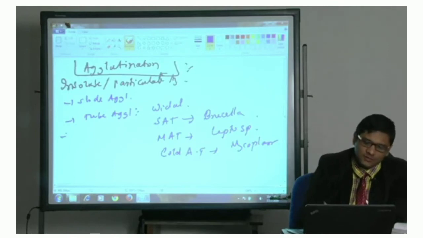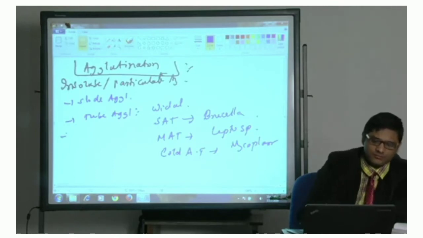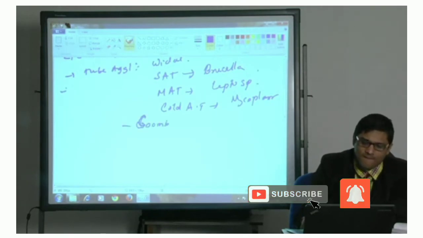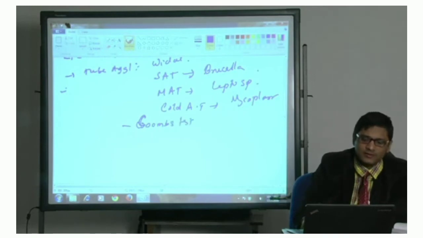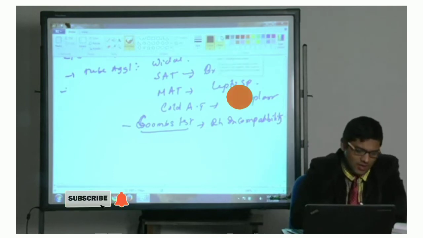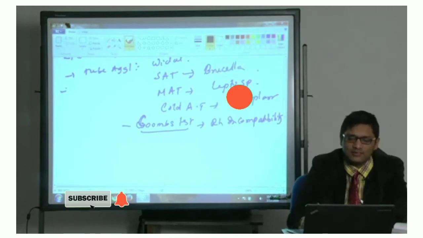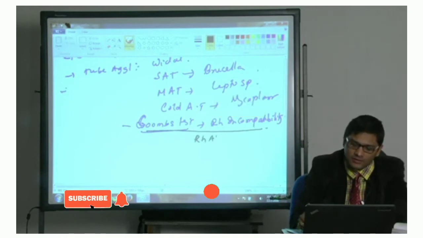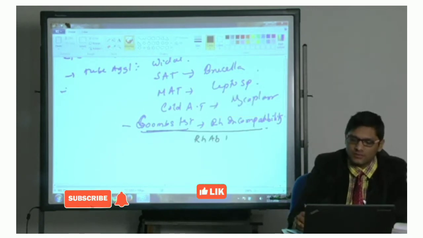Then Coombs test. Coombs test is done for RH incompatibility, and in this particular test, you are detecting RH antibodies in serum.